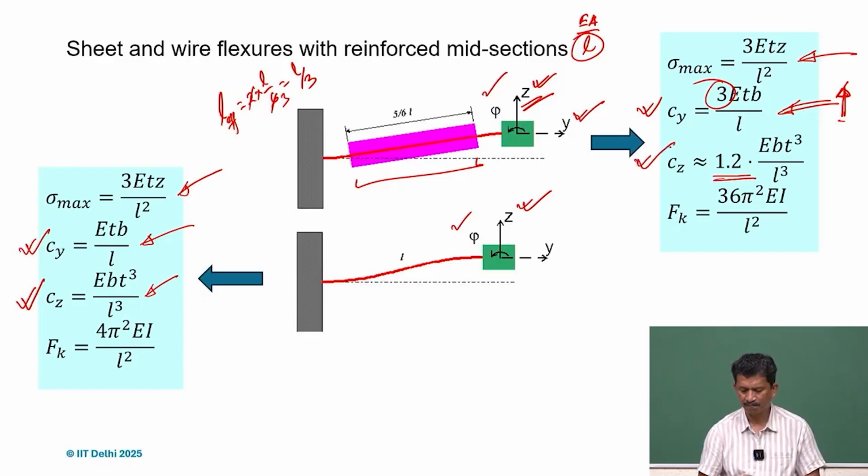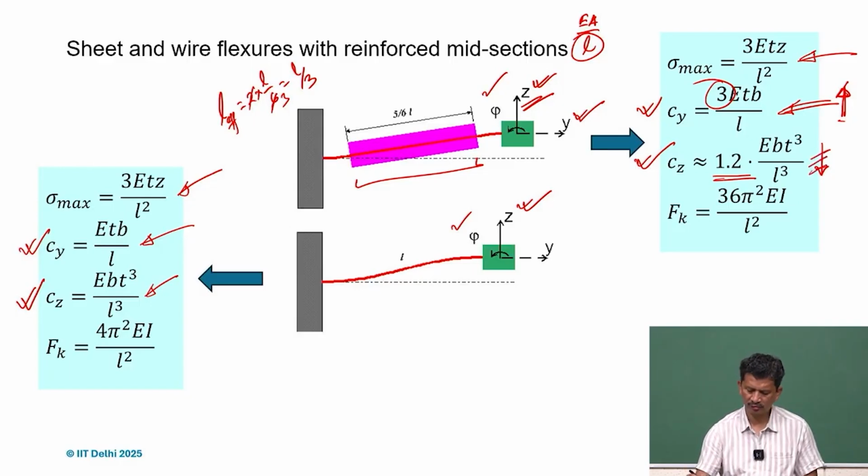When it's reinforced, it increases by 20%, it's 1.2, so the compliance is lowered.